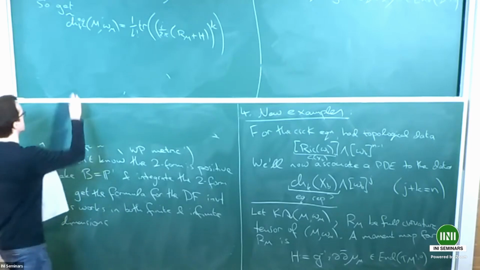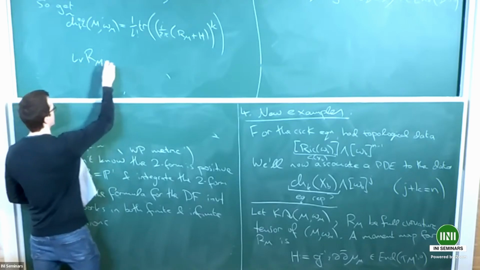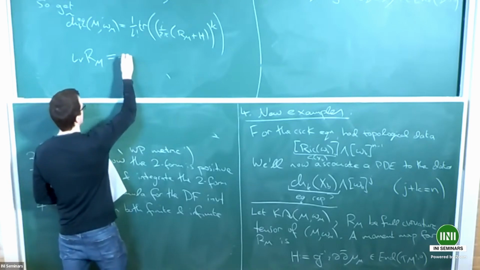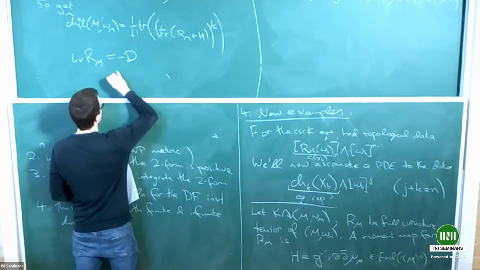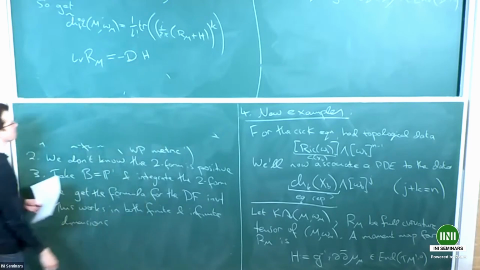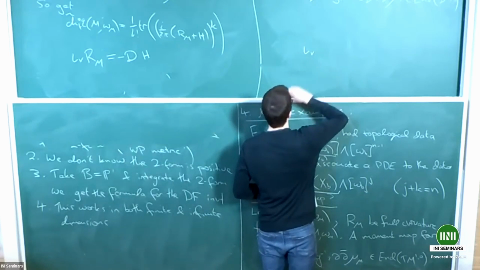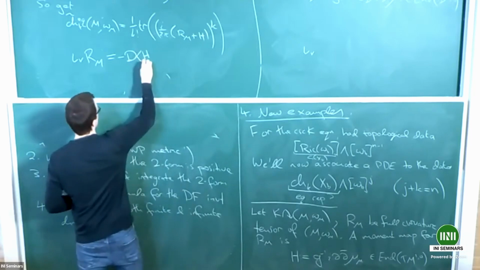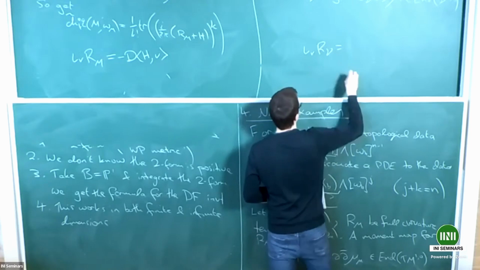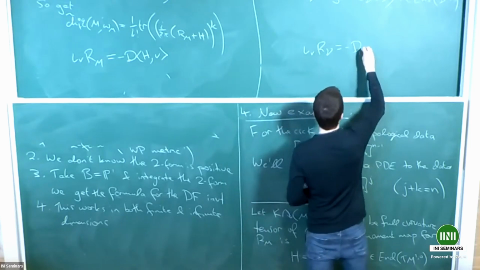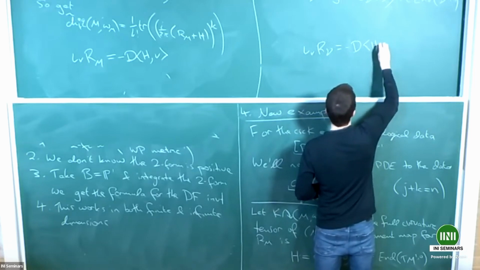In the non-relative case, it just means that you get minus the Chern connection applied to H, the endomorphism. And in this case, I get minus the Chern connection of V applied to H^V.